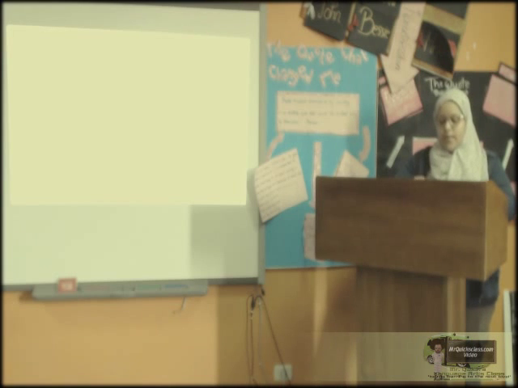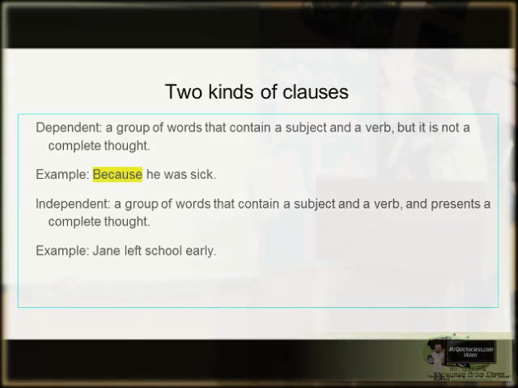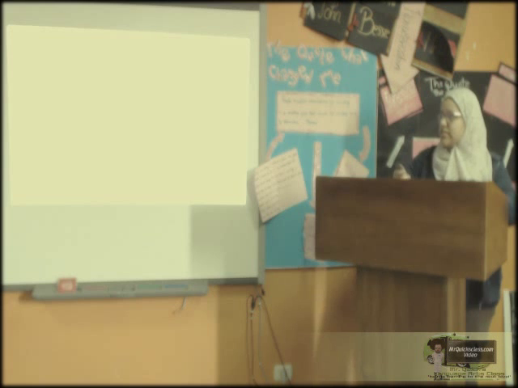However, the dependent clause has a subject-verb relationship but can't express a complete thought. Example of a dependent clause: "because he was sick" has no meaning, it is not a complete thought. But an independent clause like "Jane left school" does express a complete thought.